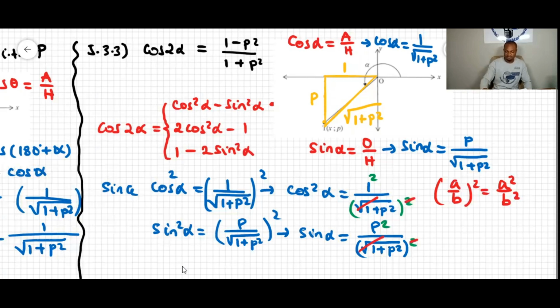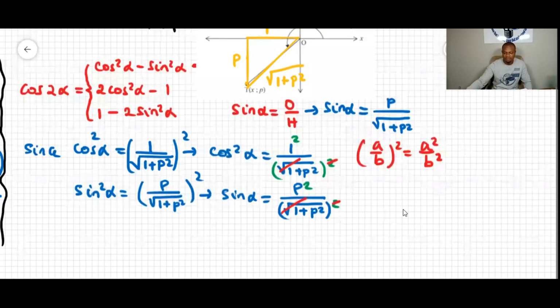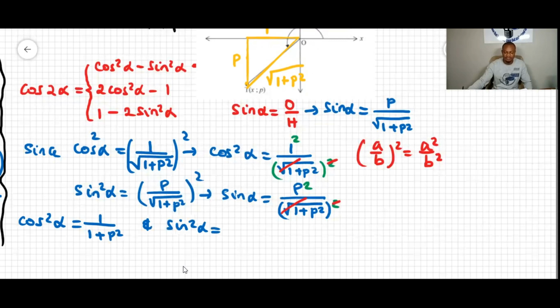Now we will then have, so that makes cos squared alpha will be 1 over 1 plus p squared, okay, and sine squared alpha will be p squared over 1 plus p squared.